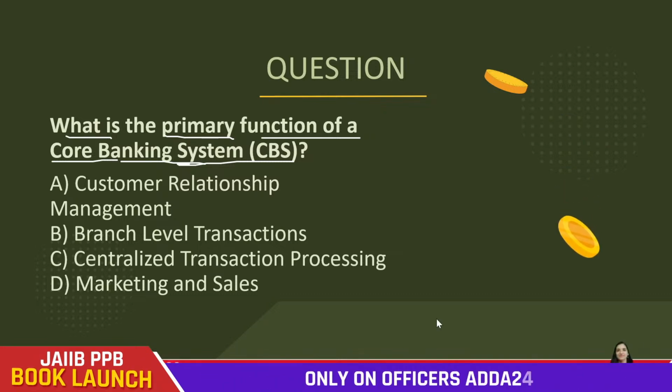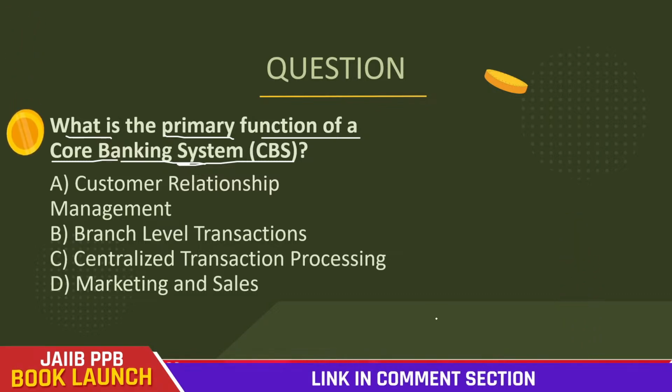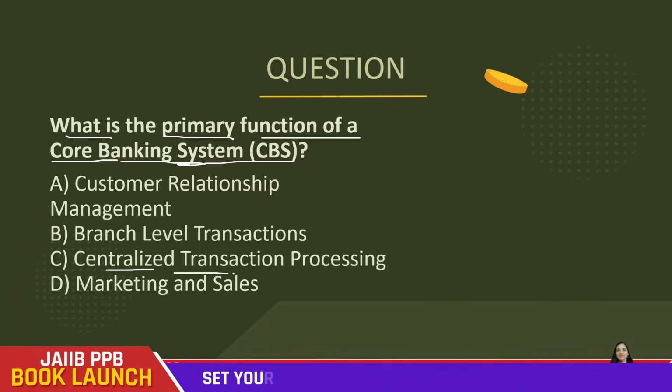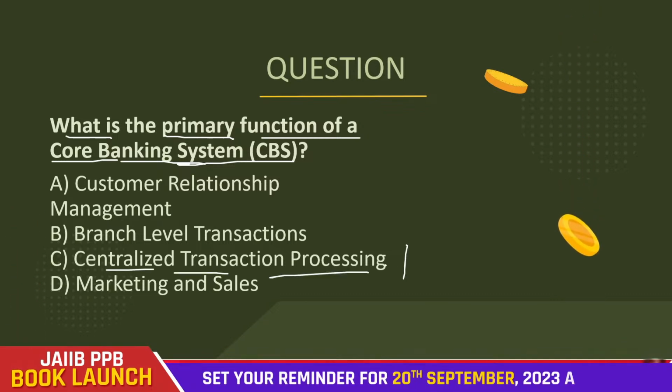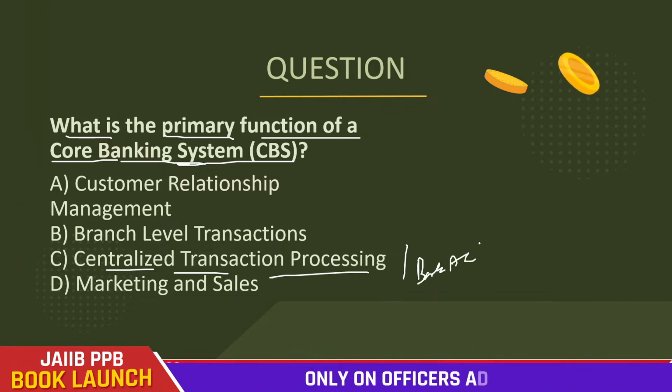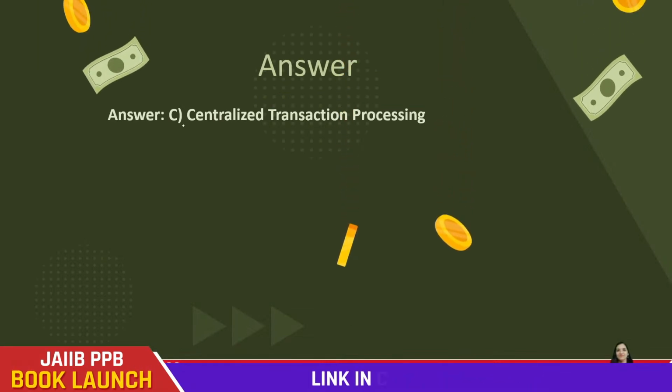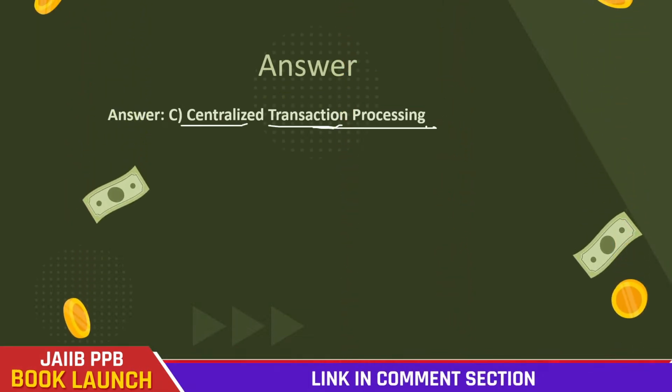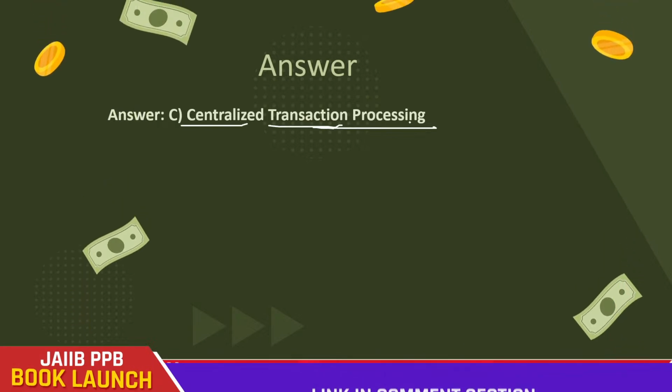It is never marketing and sales. One thing is sorted. CBS doesn't work on that. CBS is there for centralized transaction processing. If the transaction is done, it would reflect in our bank accounts. And now wherever I am opening my bank account, I'll see this. So the answer would be centralized transaction processing. Done.